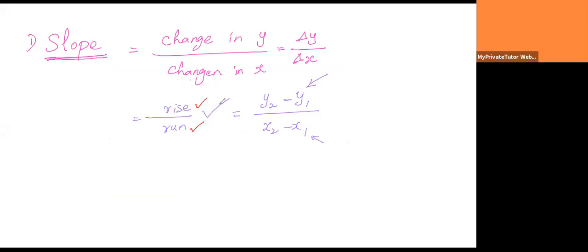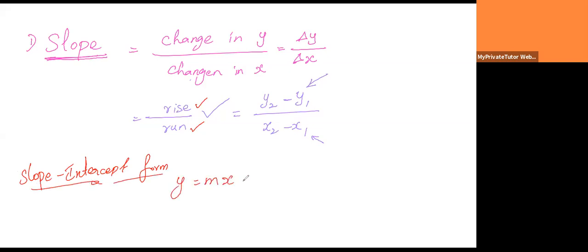You could have learned all these things in class 8 or 9. So now we are learning the slope intercept form. What is slope intercept form? y equals mx plus c. If any equation is given, for example this equation, what is the slope of this equation?